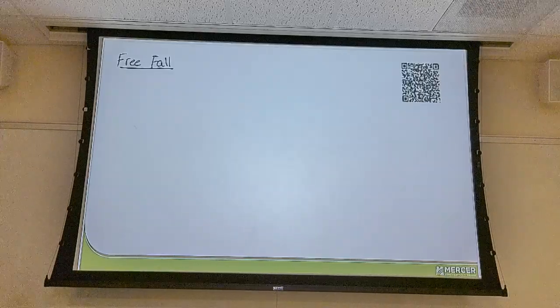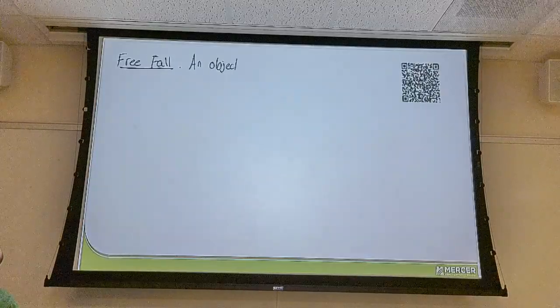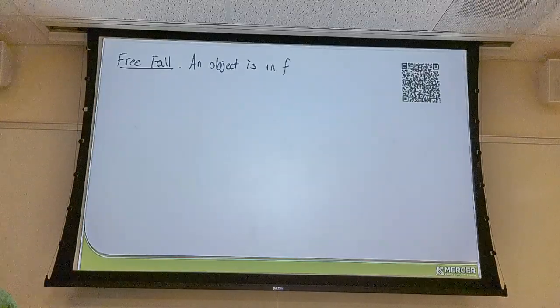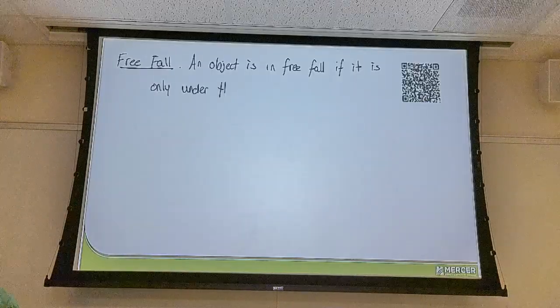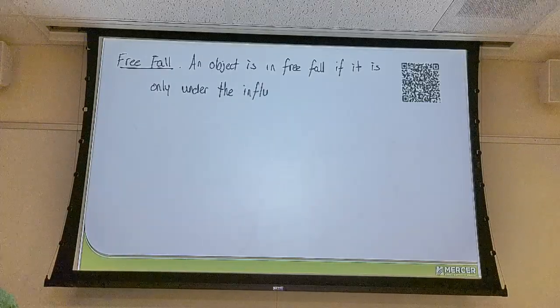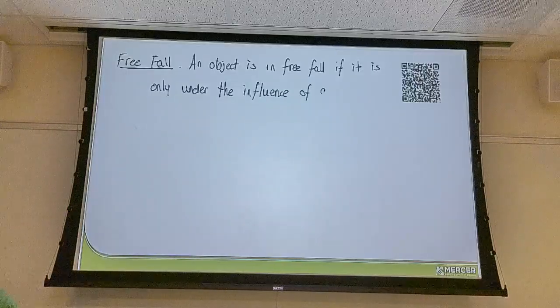Free fall. An object that is in free fall is only under the influence of gravity.